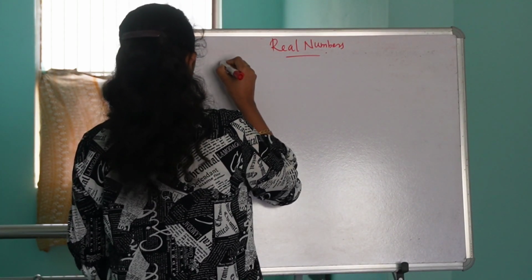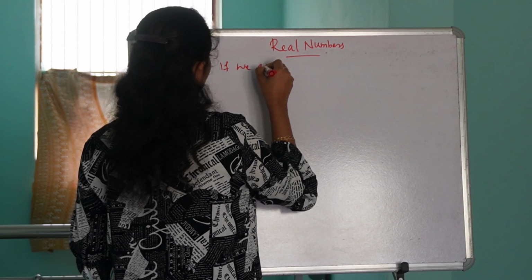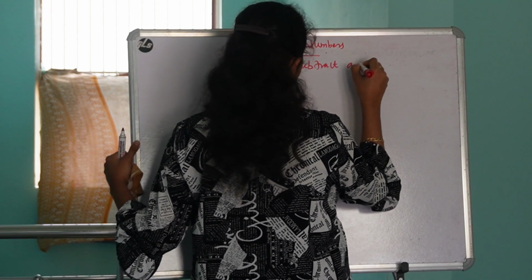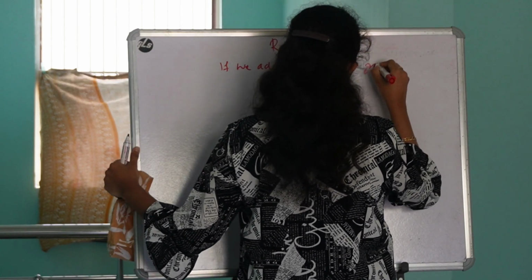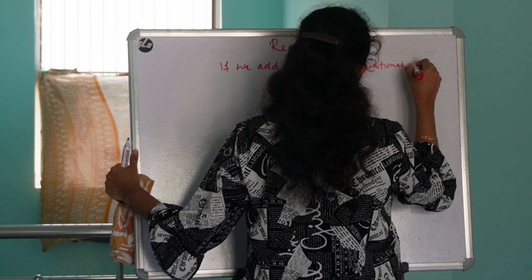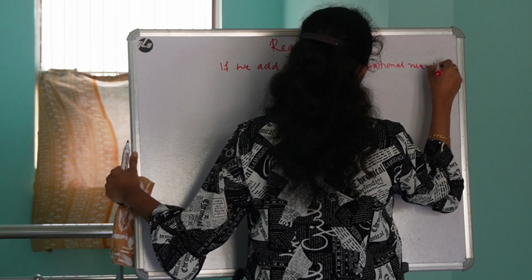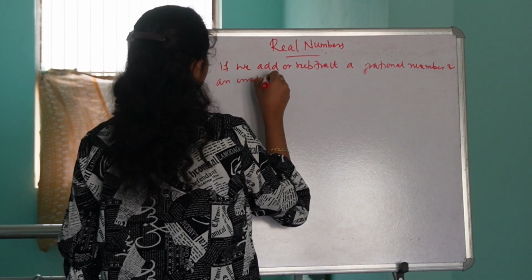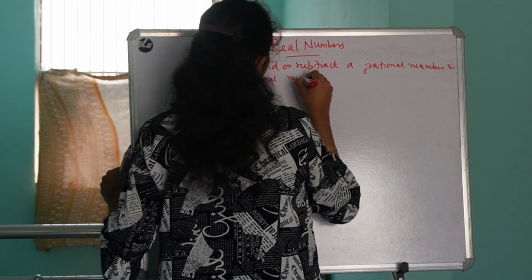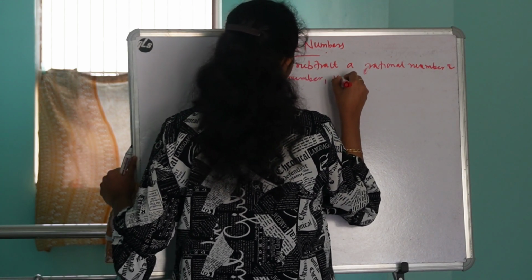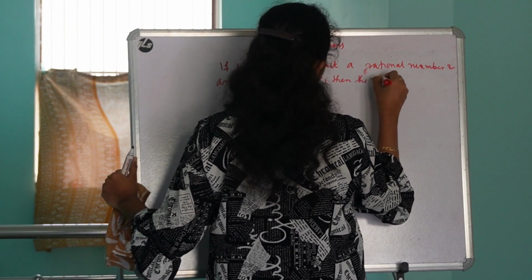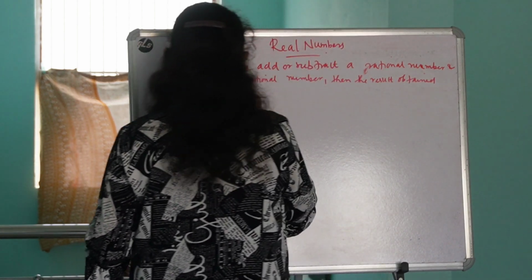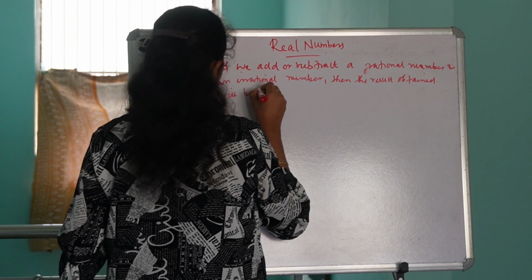The first one: if we add or subtract a rational number and an irrational number, then the result obtained will be irrational.